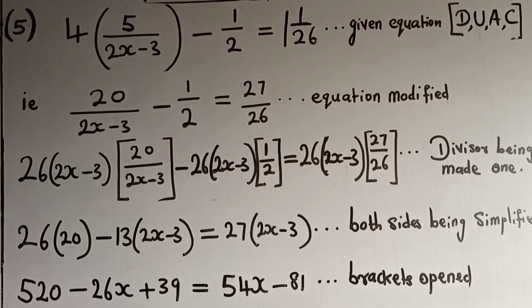Let's proceed. I said earlier that the common multiple for 2 and 26 is 26. Therefore, out of these two, we take 26 to meet this 2x minus 3. Instead of wasting time to look for the LCM of 26 and 2x minus 3, just get their product.